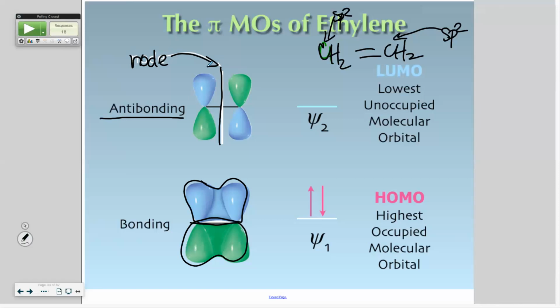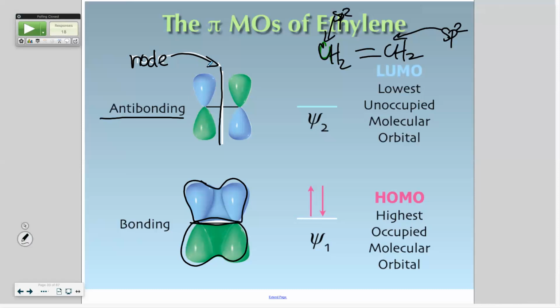All right, so we made two things. Now, we had two p orbitals. Notice how many molecular orbitals we got out: 2. You put in 2, you get 2 molecular orbitals out. It matches.